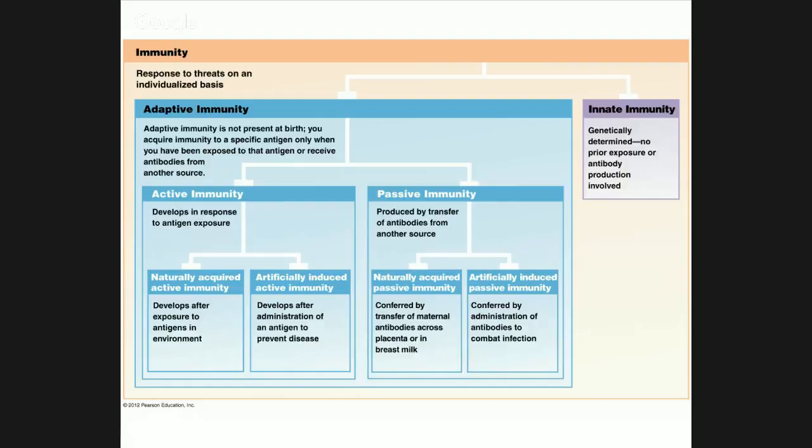And that naturally acquired passive immunity that you get from your mother continues as breastfeeding takes place, because some of that immunity can be transferred on there. Now, breastfeeding is a controversial topic. There's arguments to be made on either side of whether breastfeeding is important.